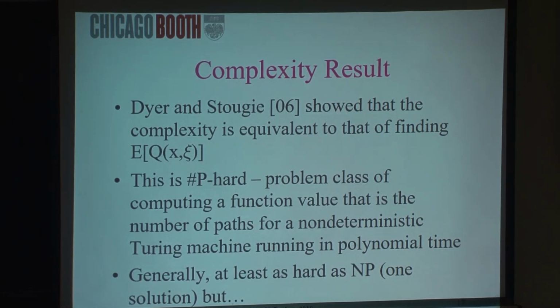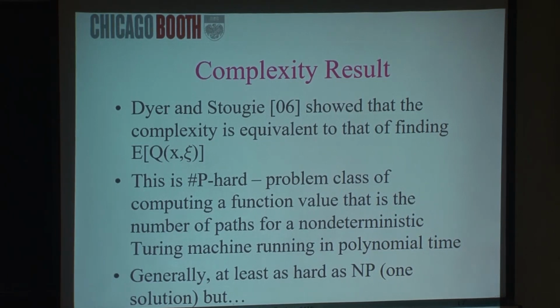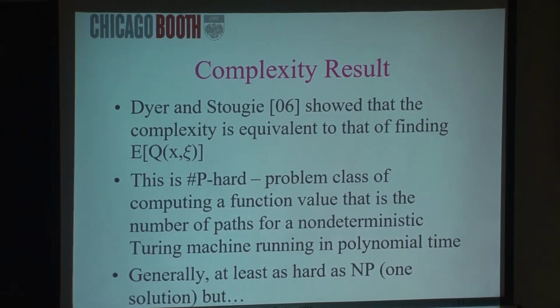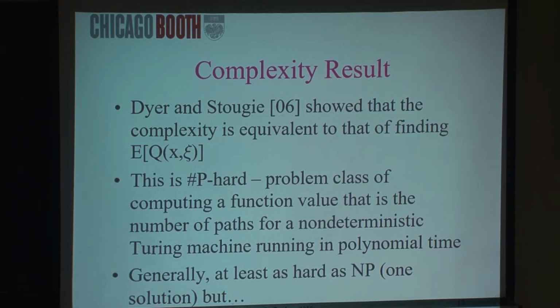The one thing is it's always at least as hard as NP, because it's the number of ways that you could possibly solve an NP problem on a non-deterministic Turing machine.